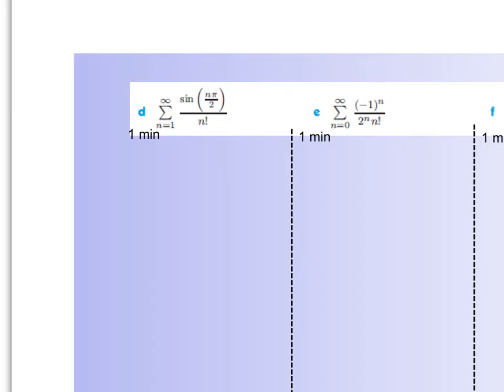Oh, here's a really good one on the next page, part D. Where in the heck is my alternator? Well, here's your alternator. What? Okay, let's think about that for a moment. That would be sine of pi over 2 over 1 factorial.